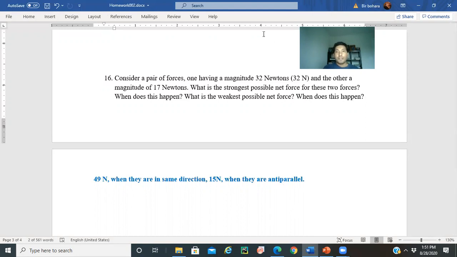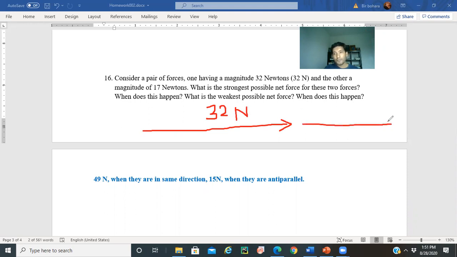Now, let me draw a vector. This is a vector, and so we have to draw here. Suppose this is a 32 Newton force. So make it larger, right? Make it larger. 32 Newton. And another vector is 17 Newton. Make it smaller. Okay.